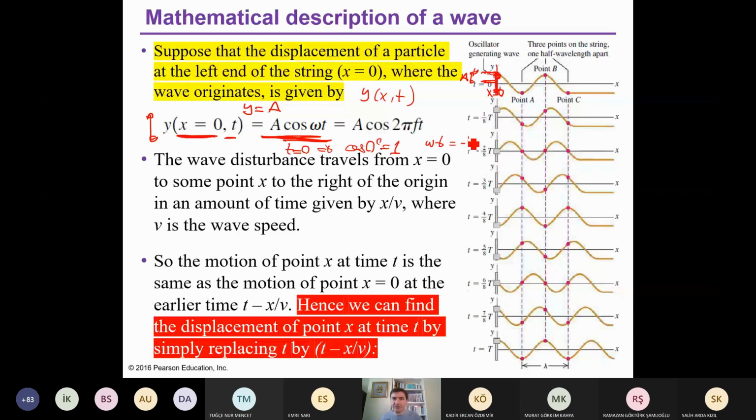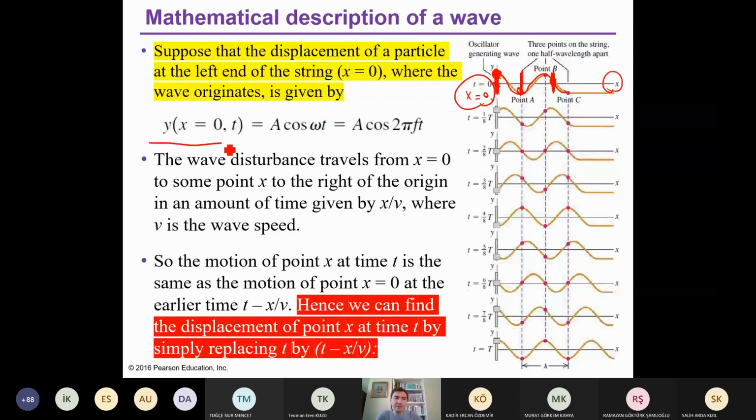So this particle will have motion between positive A and negative A along the y-axis. Is this part clear? Then the y position of the particle where x is equal to 0 is given with this expression, A cosine omega t. Instead of omega, you can use the expression 2 pi f, then you can write A cosine 2 pi f t.